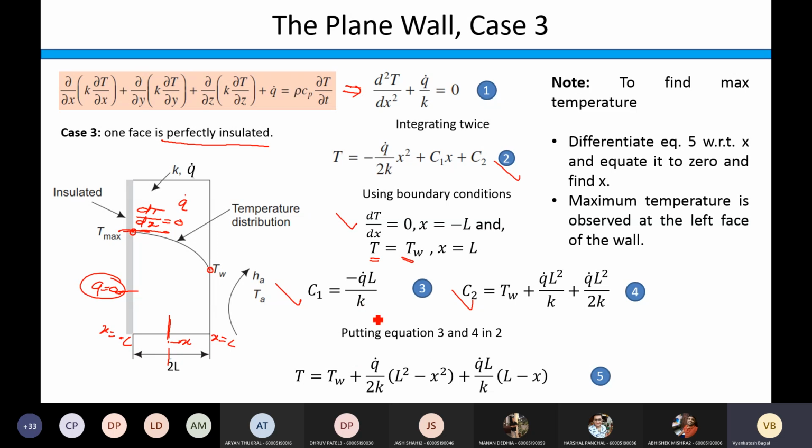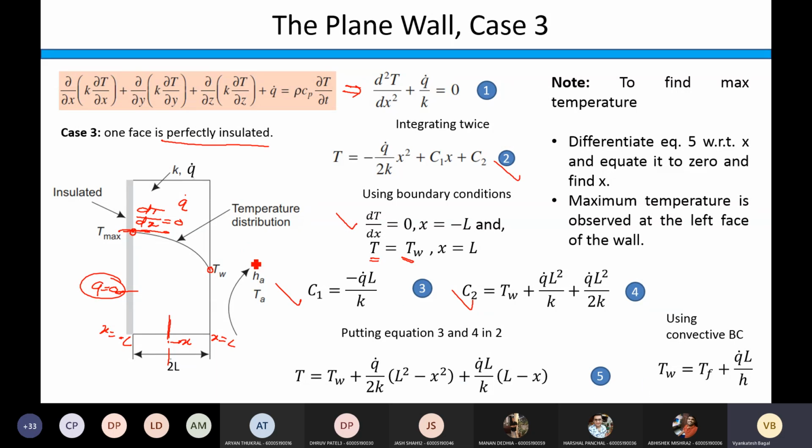the same procedure. So to find out the maximum temperature, what you have to do is differentiate equation 5, this equation, with respect to x, equate it to 0, and by default you will get x equal to minus L in this case. You should get x equal to minus L because we know that temperature is maximum at this level. Then you can invoke the convection boundary condition on this side.